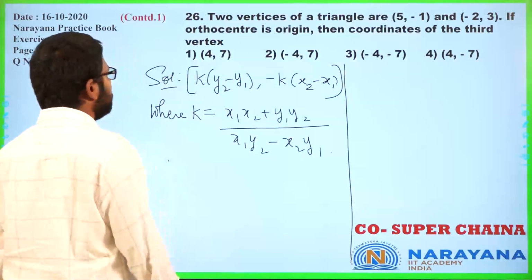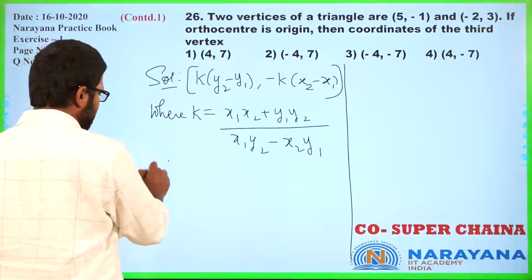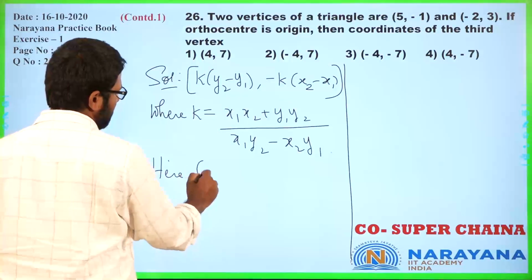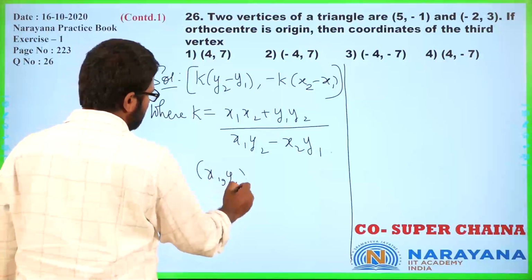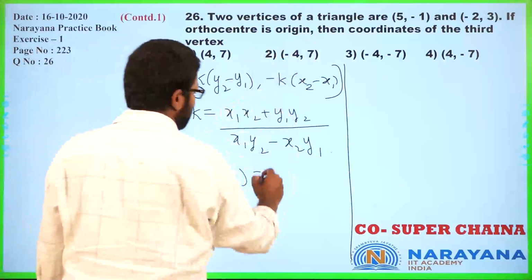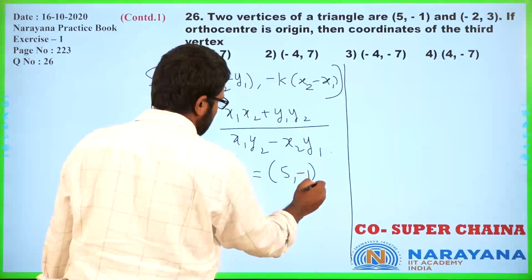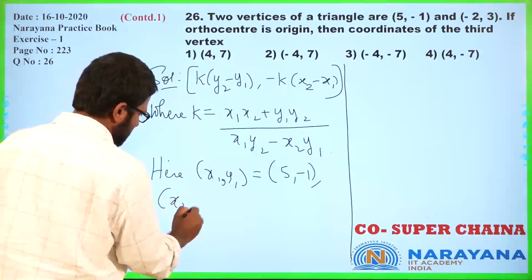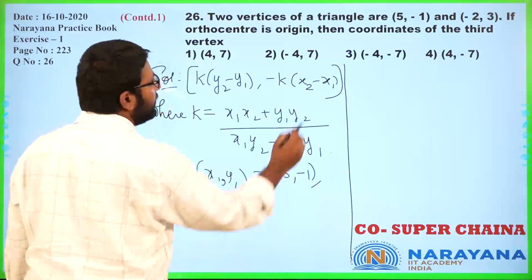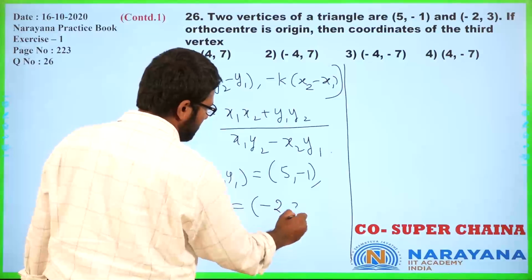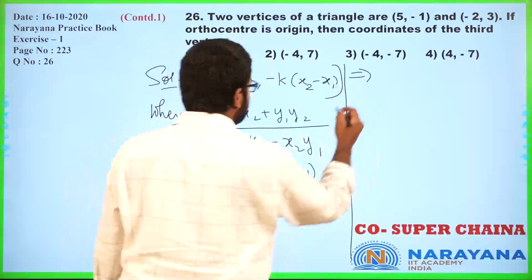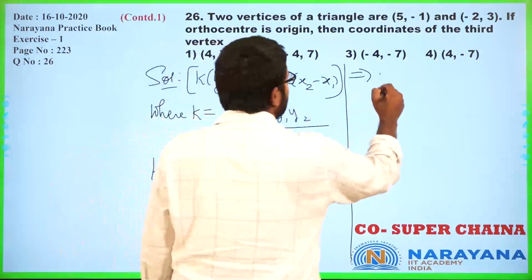Okay, so here x1 y1 is 5 comma minus 1, x2 y2 is minus 2 comma 3, right? Which means first figure out k.